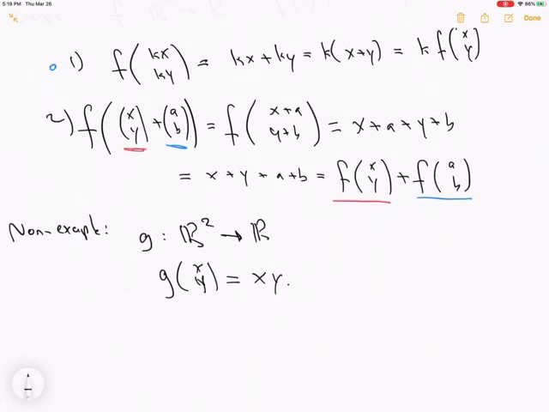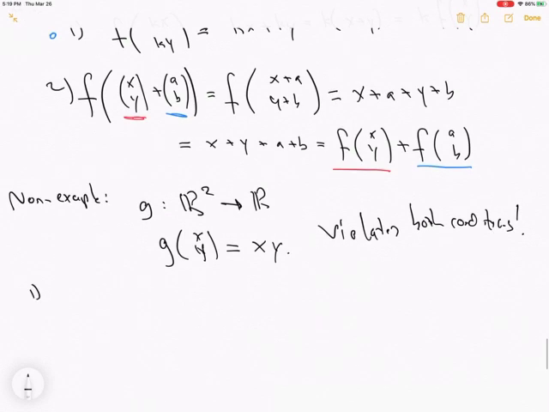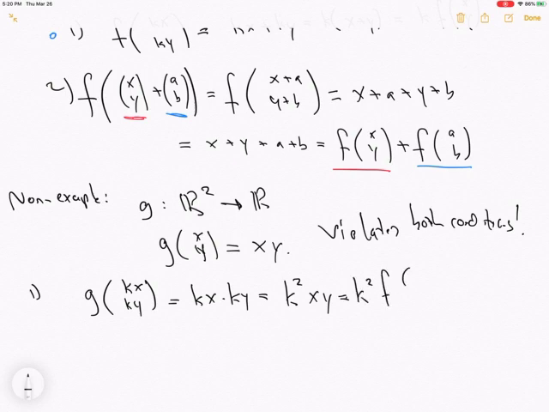It violates both conditions. If you look at the first condition, g of (kx, ky) would be equal to kx times ky, which is k squared times xy, which is k squared times g applied to (x, y). And that is, of course, not k times g of (x, y).